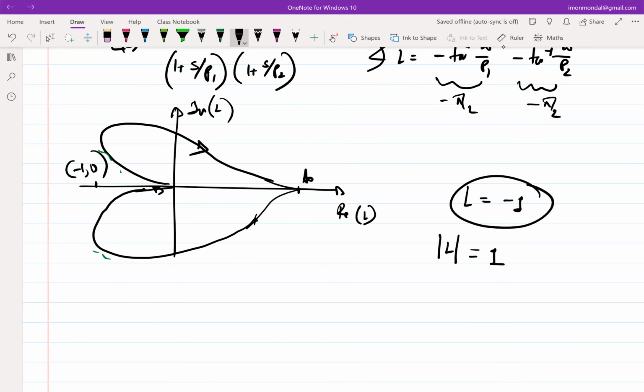So mod of L equal to 1 in a complex plane is a circle, which means the first thing to do is probably to mark off a circle of unit radius, and then try to figure out when this contour touches the circumference of the circle, that is mod of L equal to 1, what angle, how far from that -1 point I am.